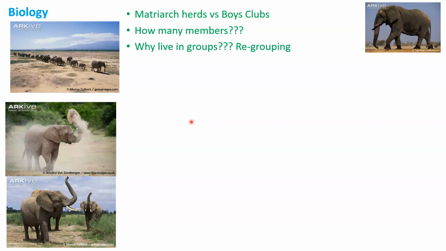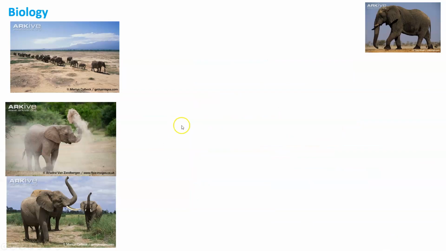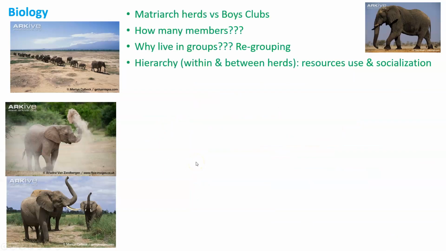The leading female, I said it's the oldest, and chances are it's also the largest. It is the oldest and the largest female that is leading the group, and quite literally when they are moving from one location to another, it is usually led by the female.